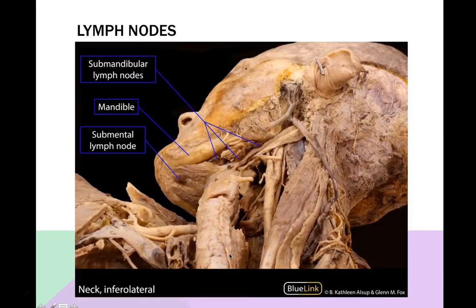And so we might see them look something like this. Here in the area of the neck, surrounding your submandibular gland, we will look for submandibular lymph nodes. They almost look like a brownish or sometimes black pigmented nodule, or we can also look for your submental lymph node.